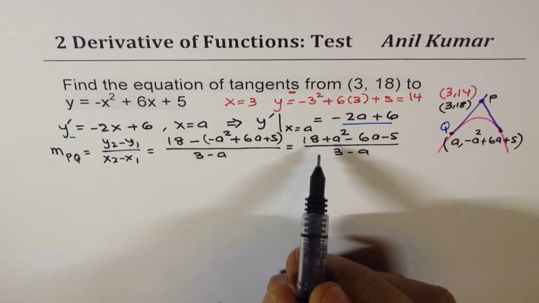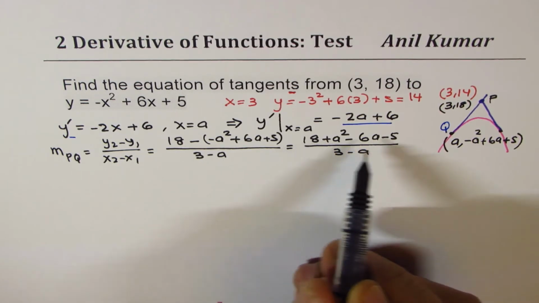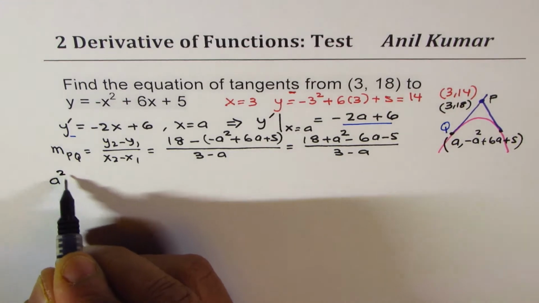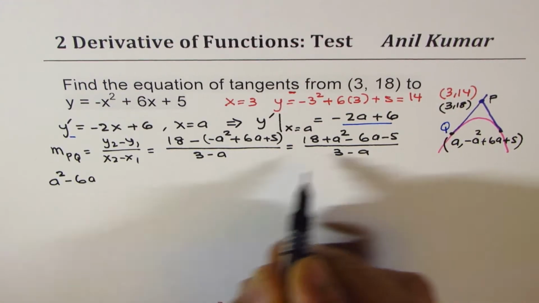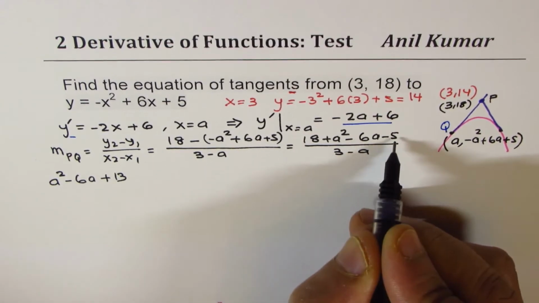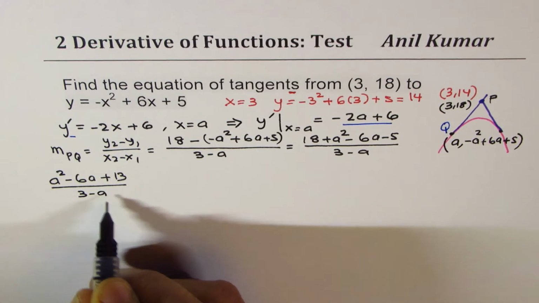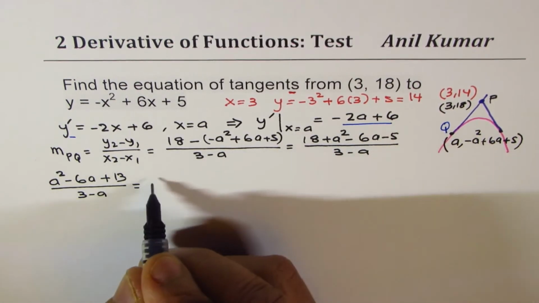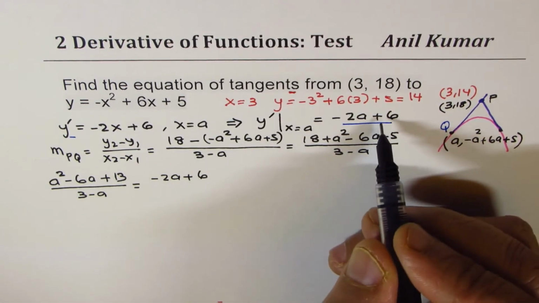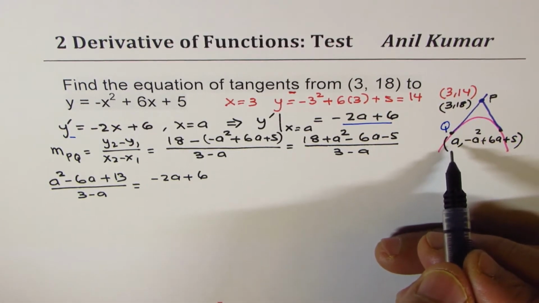Let me simplify this: a squared minus 6a, and 18 minus 5 is 13, right? So I'll write this as a squared minus 6a plus 13, which is 18 minus 5, divided by 3 minus a, should be equal to minus 2a plus 6, the slope of the tangent on the curve where x is a.